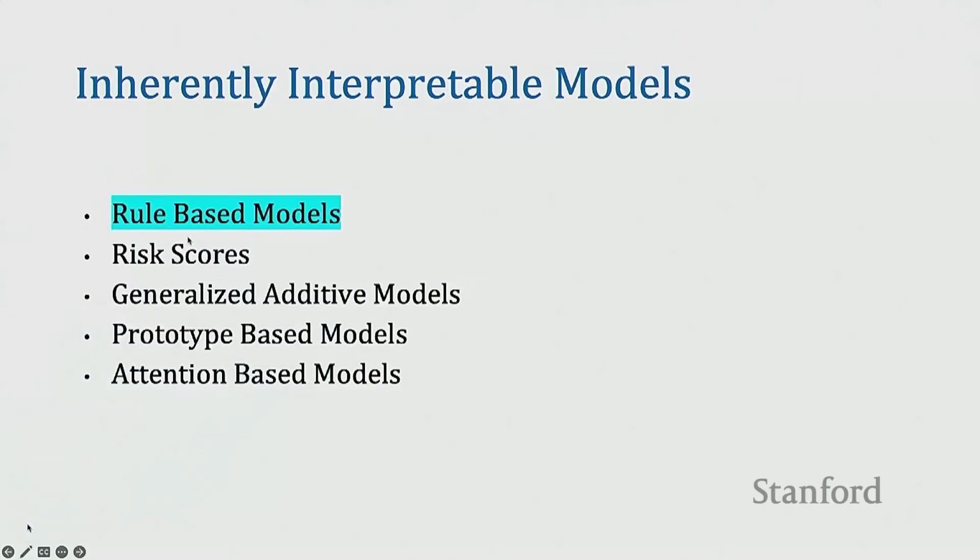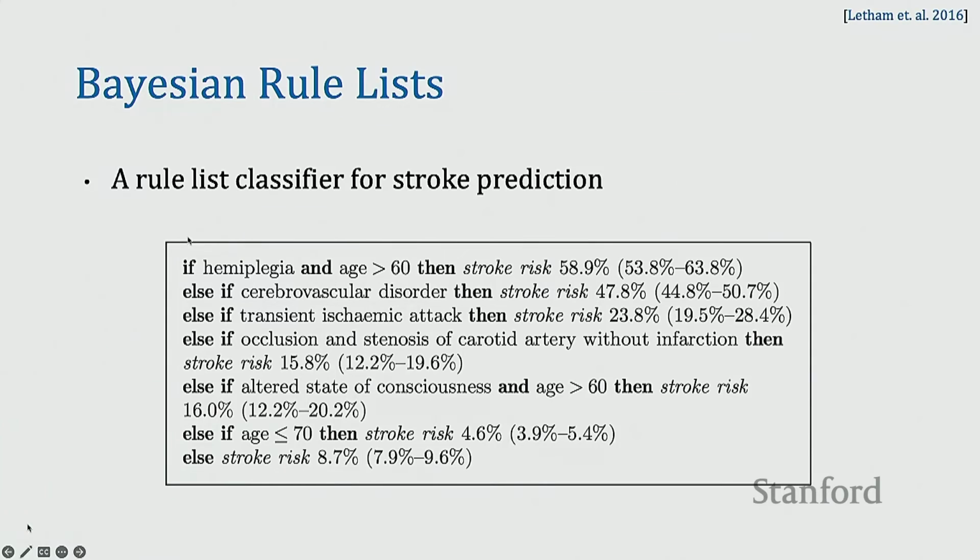The other is risk scores, and I'll explain what they are in a little bit. And then there are generalized additive models, which have gained a lot of popularity recently. And then there are prototype-based models. Oh, and also attention-based models. Okay, so let's go over each of these.